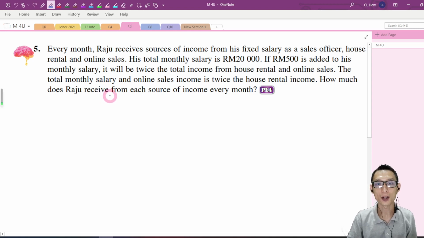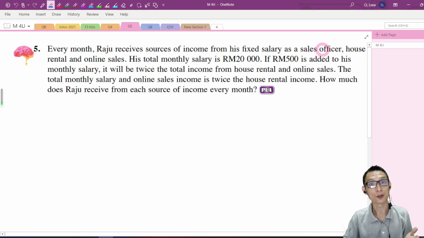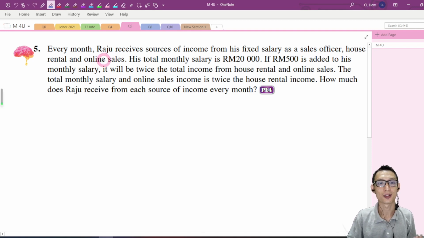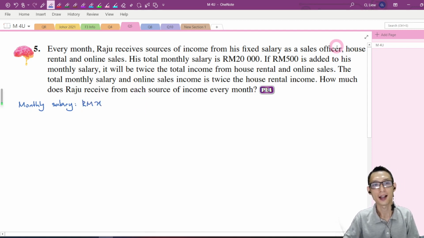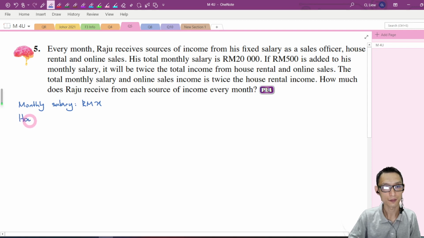So it means that we want to find his monthly salary as a sales officer, and also his house rental, and also his online sales. Maybe this question makes you a little bit confused, right? So I just let the monthly salary be RM x, and house rental RM y.